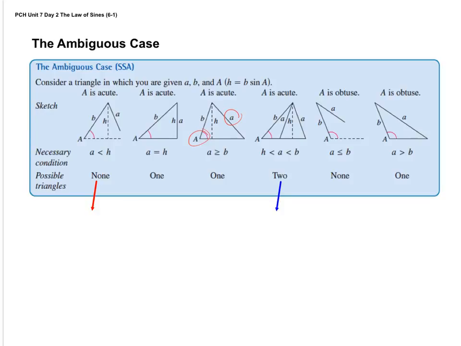Now, you will be able to figure out algebraically when it doesn't work, because it'll give you something that's just impossible, like a negative angle, or a side that's impossible.